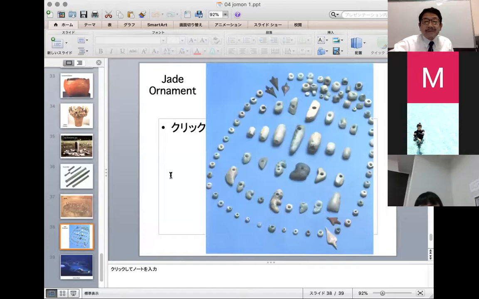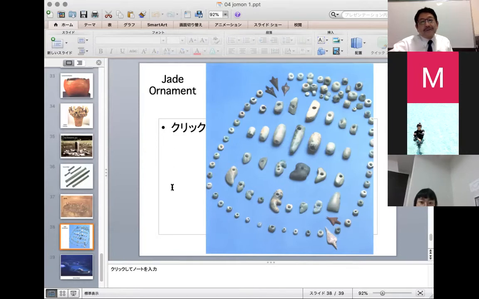Jade ornaments. Jomon people loved jade, but the good quality jade, those greenish, beautiful jades, could only be found in one area in the entire Japan. But the jade ornaments and jade goods are found all over Japan, from the Jomon sites, from Hokkaido to Okinawa, even on Hachijo Island that I mentioned about the wild boar.